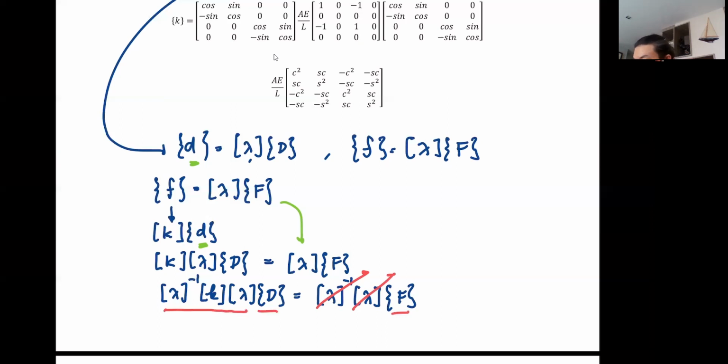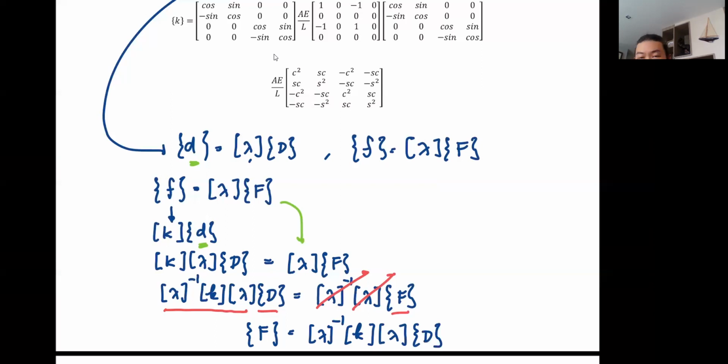So I can rewrite this, left to right, right to left. Now I have the global system as the force matrix is equal to the inverse of the transformation matrix multiplied by the local stiffness matrix and then the transformation matrix and then displacement in global.